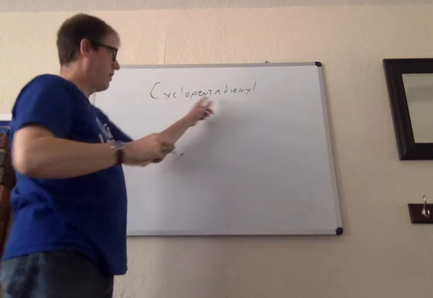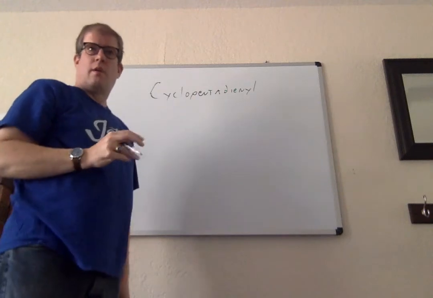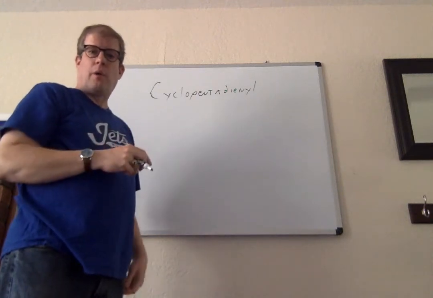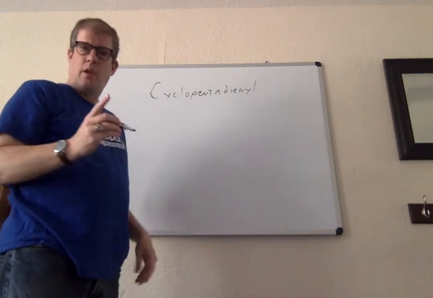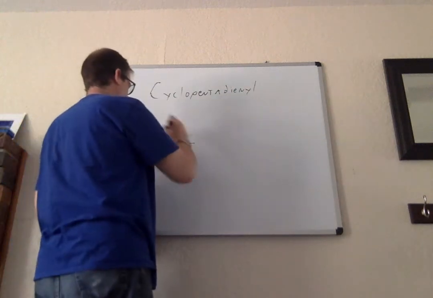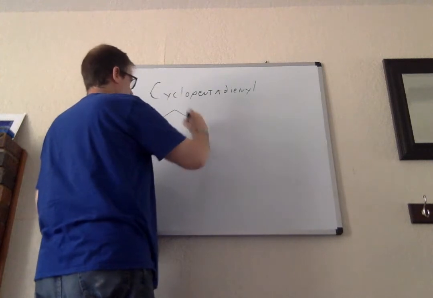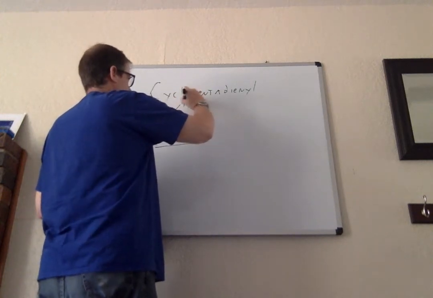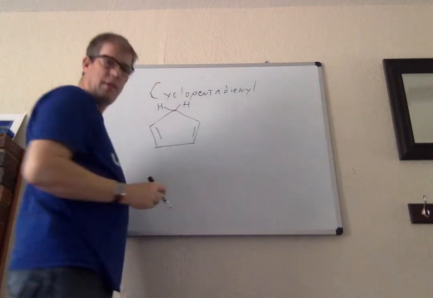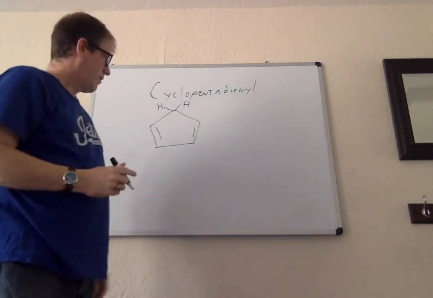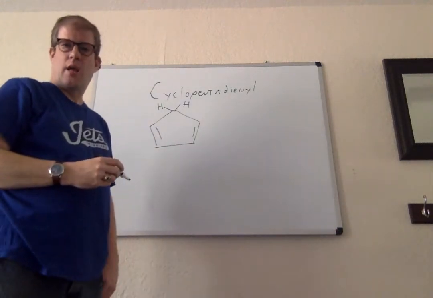Cyclo for cyclic, penta 5, dienyl, a diene, and the ul ending, YL, means anion. So if you start with this thing, this is cyclopentadiene.